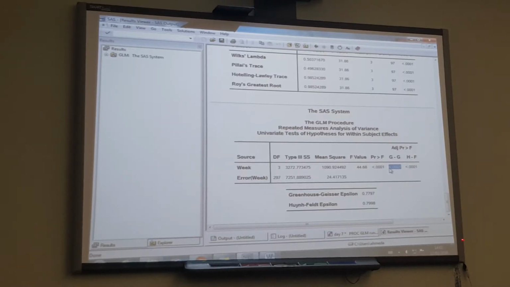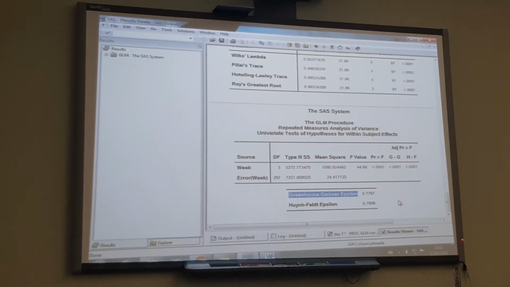And you can mention now the p-value we used for Greenhouse-Geisser. Just mention it. So this is important. Why do we choose Greenhouse-Geisser? You need to know.